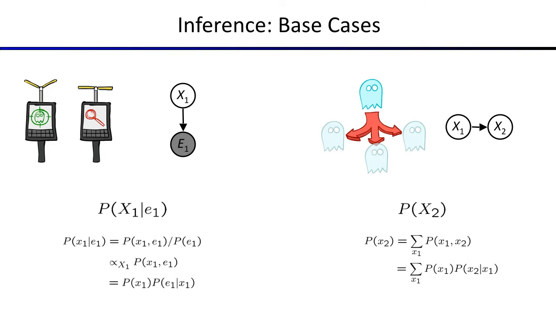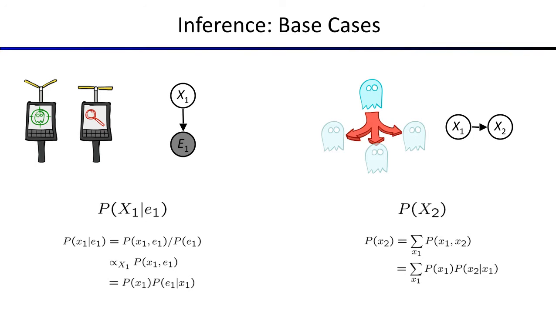I'm trying to get x1 given e1. What I have given to me in the BayesNet is e1 given x1, so I just need to flip that around. Once again, the way I'm going to do that is I first form the joint probability distribution, and that's something that I know how to do from the structure of the BayesNet. And then I'm going to divide that by the marginal probability of e1.